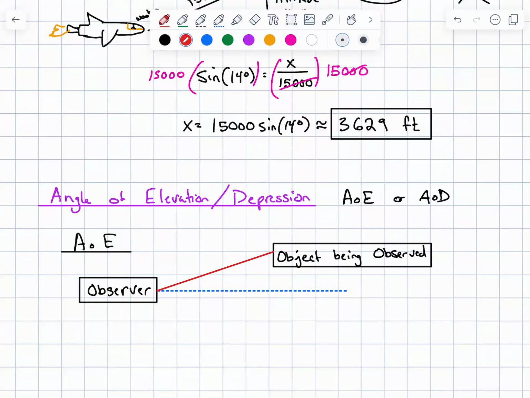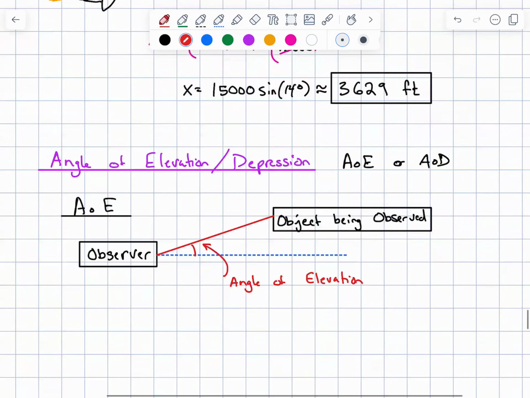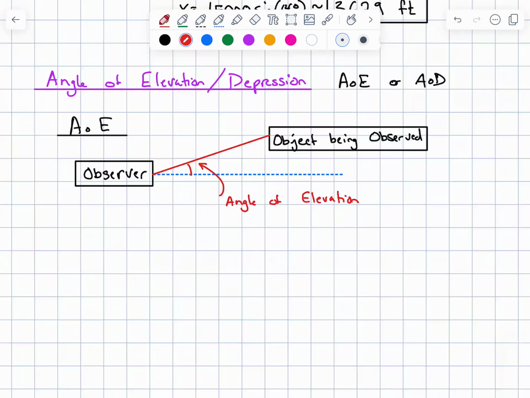It is based on the observer's perspective, how many degrees they would need to look up to see the object in question. So this is the angle of elevation. That's how we define angle of elevation. It is how much the observer needs to raise their head to see the object, relative to wherever their frontal view is.